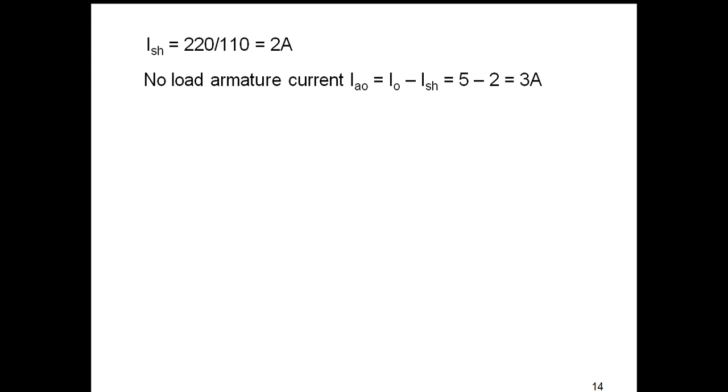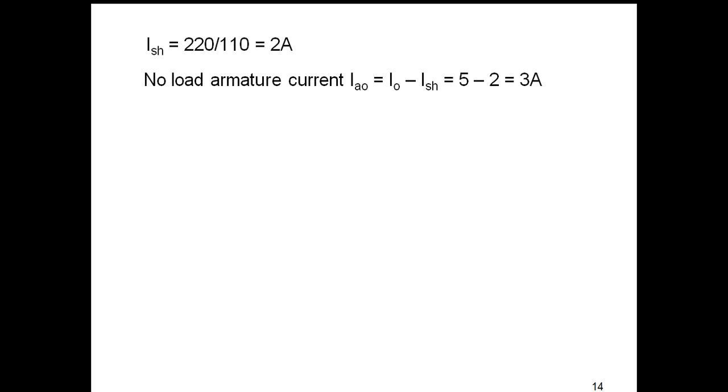After that, to find the no load armature current, that is Ia naught, it will be the no load current minus shunt field current.